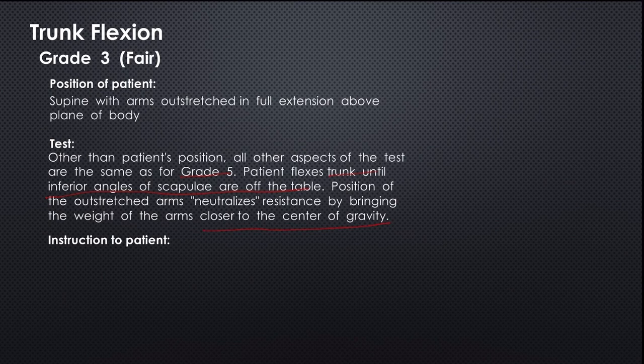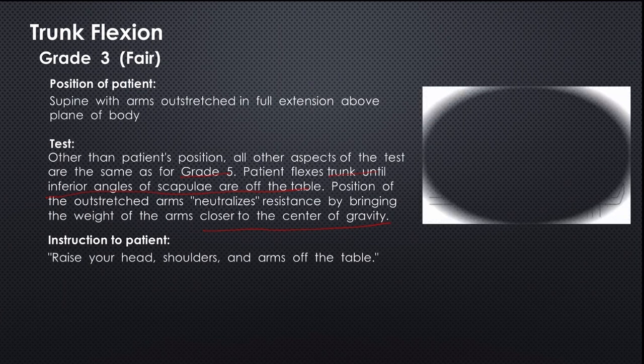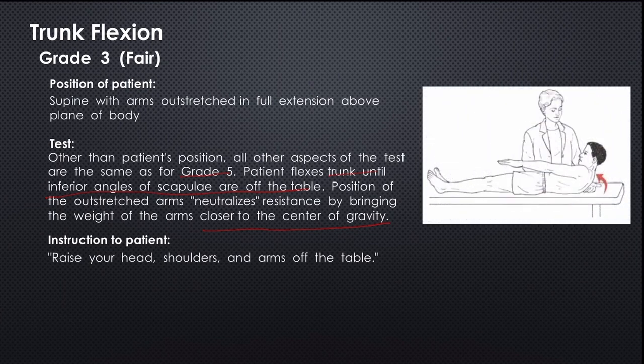So this reduces the resistance, although grade 3 has no resistance anyway. For the instruction, simply tell your patient, raise your head, shoulders, and arms off the table. This is the picture here, as if the patient is trying to reach the toes by simply clearing the back until the inferior angles are not touching the table.